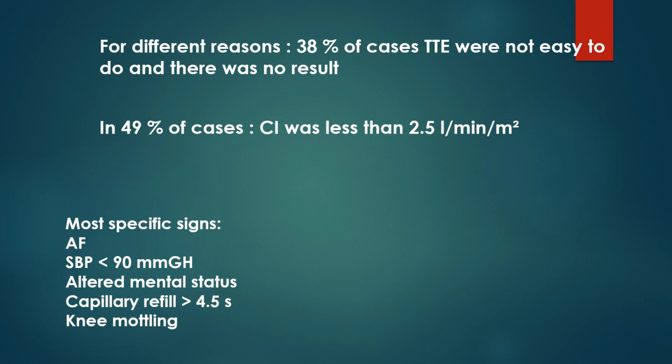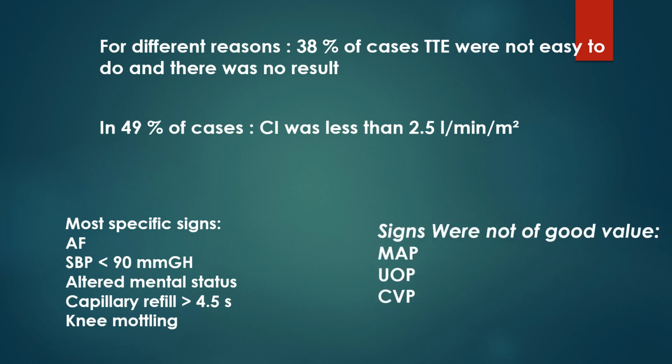But the most sensitive ones to rely on, if you don't have other alternative parameters in COVID or non-COVID patients, are a systolic blood pressure less than 90 millimeters of mercury with altered mental status, capillary refill more than 4.5 seconds, and the presence of mottling. These are good signs to predict that the cardiac output is low and lower than 2.5, which is the critical cardiac index.